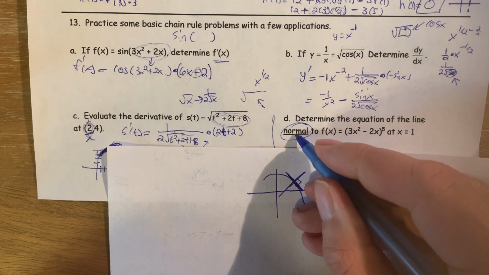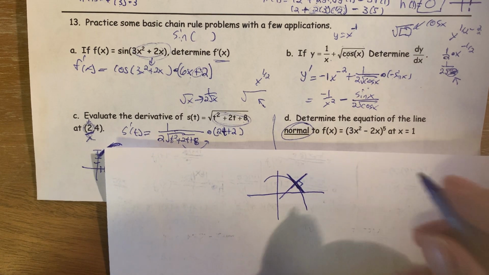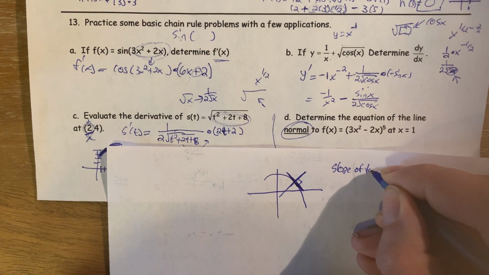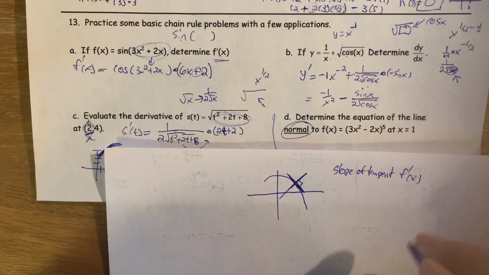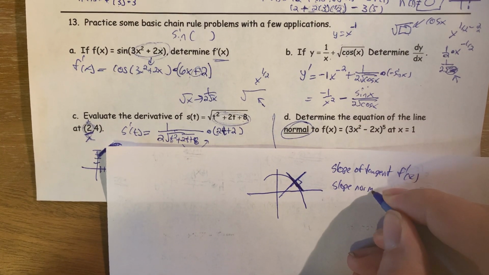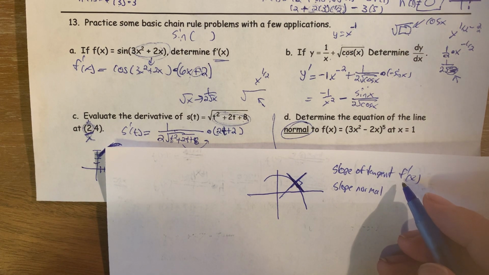And so since calculus tells us about tangent lines, it can also tell us about normal lines. In calculus, the slope of the tangent is f prime of x. And so the slope of the normal line will be, well, how do we find the slope of a line that's perpendicular?